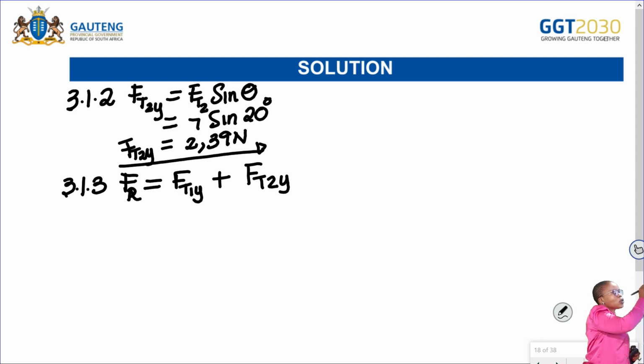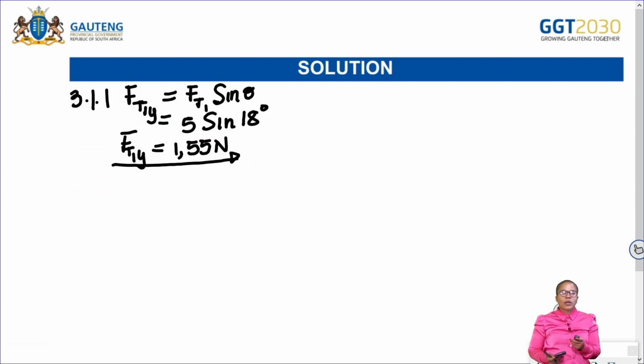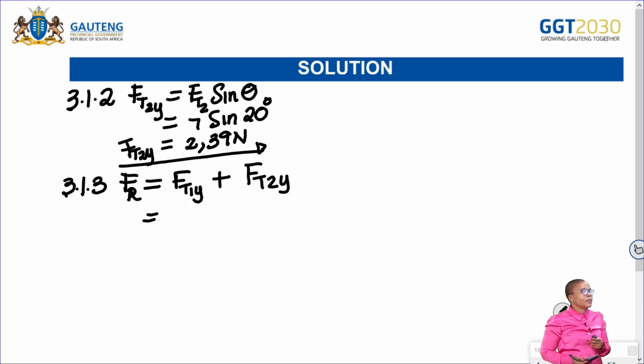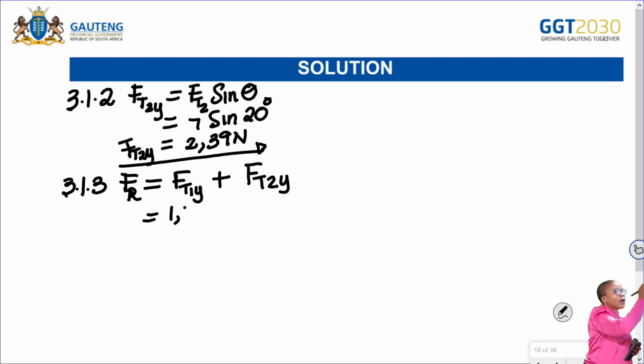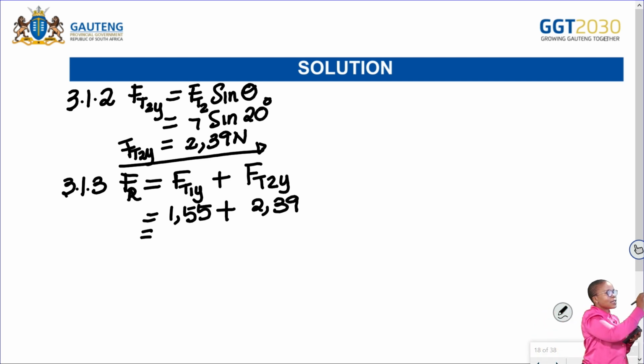What was the value of our vertical component for T1? It was 1,55. So 1,55 plus 2,39 therefore gives us 3,94 newtons.